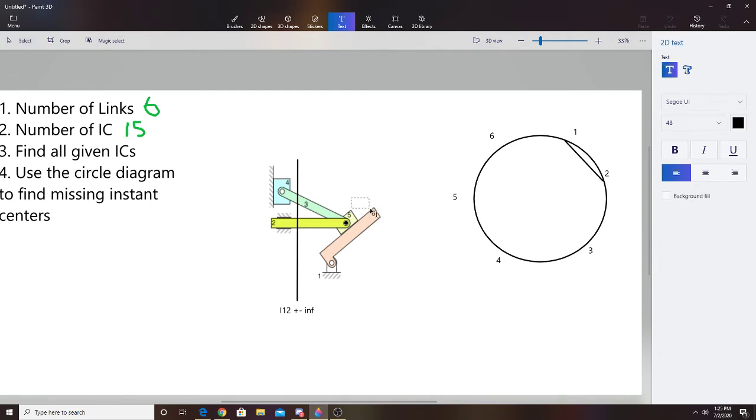So this right here is I23. And what else is there? While we're here, what other one is there at that same space? What other instant center is there?